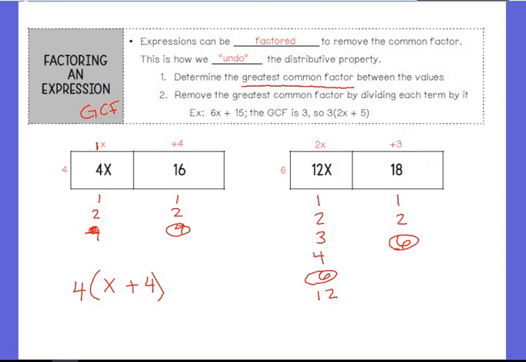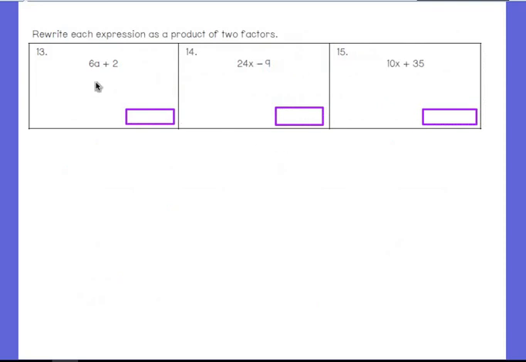That's what I'm going to do on number 13 as well, that I'm working with you. Okay, so 13, I want to work backwards. What's my greatest common factor between a 6a and a positive 2? Factors of 6 would be 1, 2, 3, 6. Factors of 2, 1 and 2. So it looks like my greatest common factor is 2. So I'm pulling out a 2, creating my parentheses.